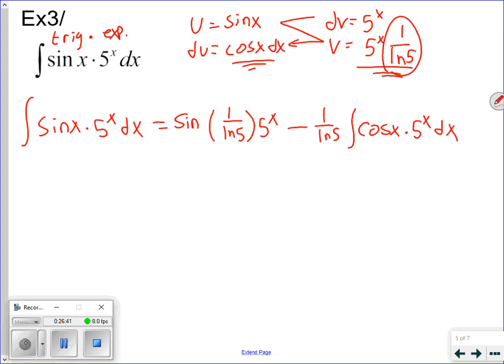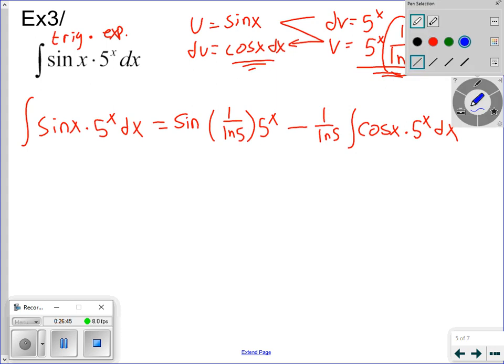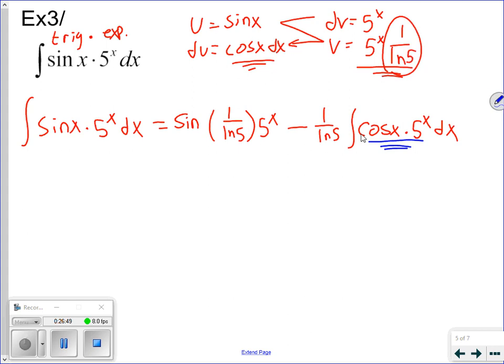Now the reason I brought the 1 over ln of 5 out in the first place is because now I'm going to have to integrate this. And if you notice, it's pretty dang similar to what I started with. And when I integrate it again, I'm going to end back where I started. That's what happens with exponentials and trigs being integrated together. So let's write it out.